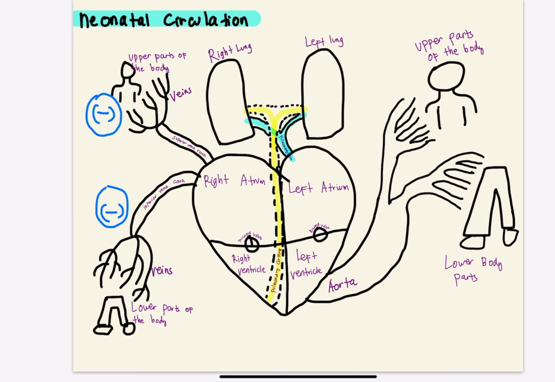Always remember that the unoxygenated blood will pass the veins. Dadaan po sila dito, both in the upper and lower parts of the body. And then veins po ang dadaanan nila. And then for the lower part of the body, they will enter the heart using the inferior vena cava. And for the upper parts of the body, they will enter the heart through the superior vena cava.